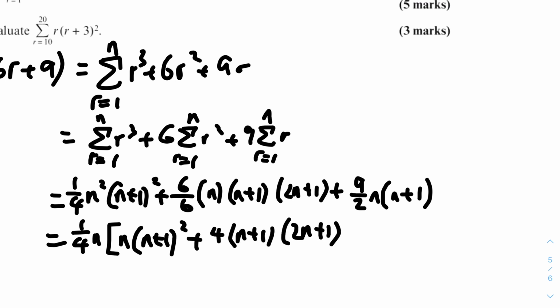And 9 over 2 divided by 1 over 4 will get us 18 plus 18n plus 1, like so.